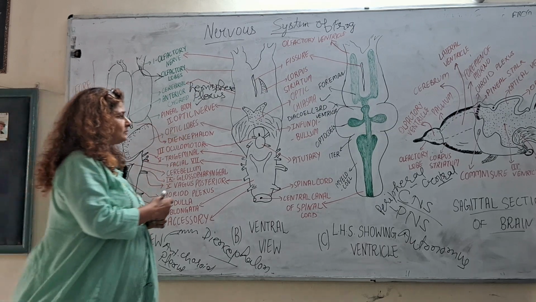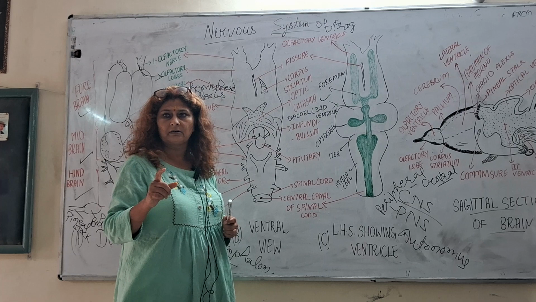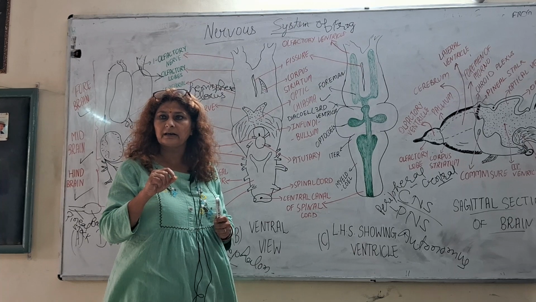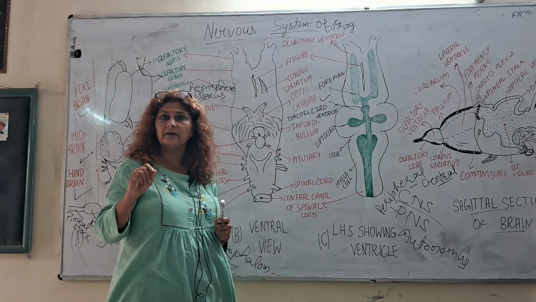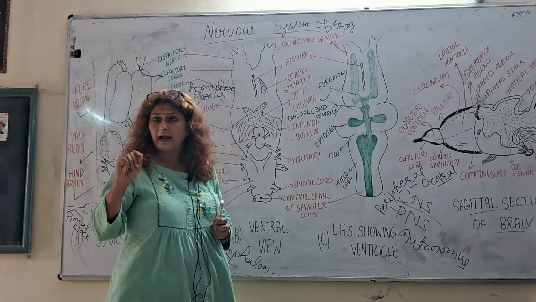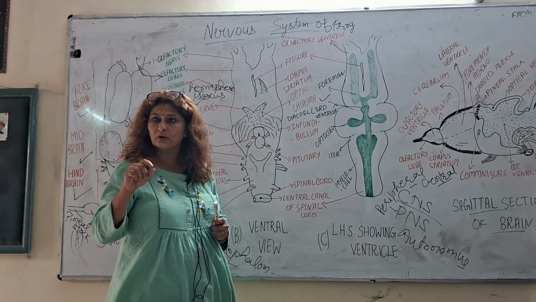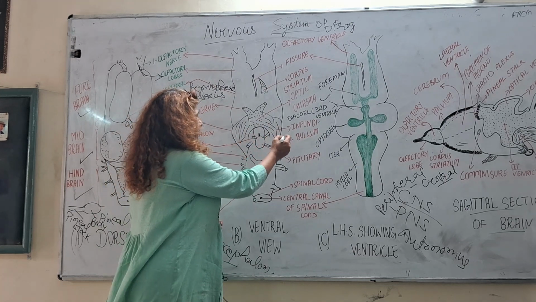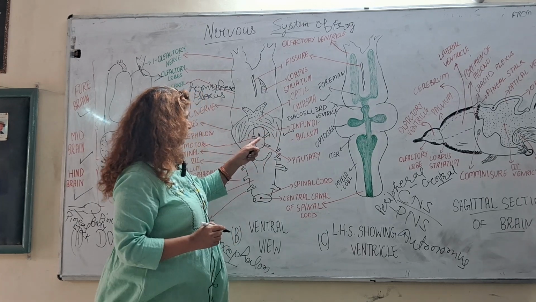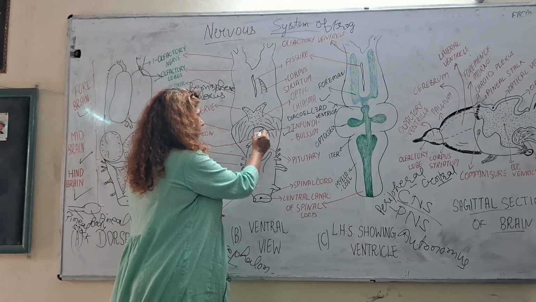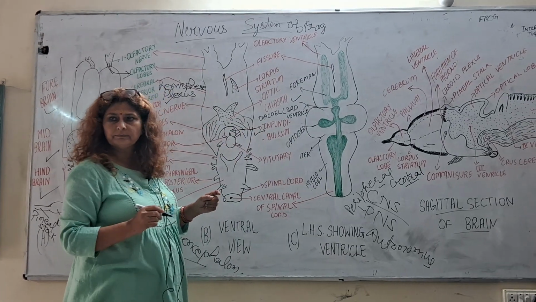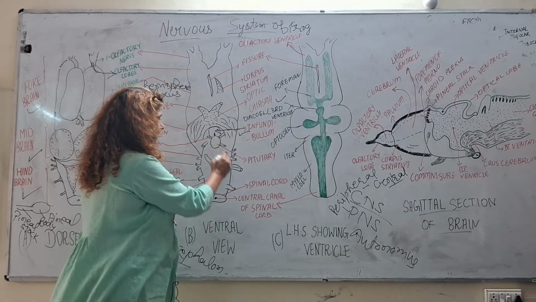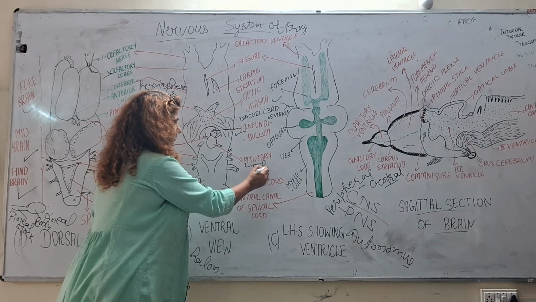After that, there is one very important structure, which is not only related with the nervous system, it is also associated with the endocrine gland. There is one structure called the infundibulum. On the lower side of this infundibulum, there is the pituitary gland.